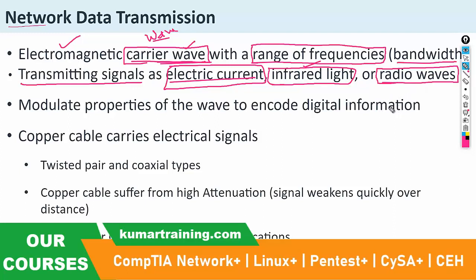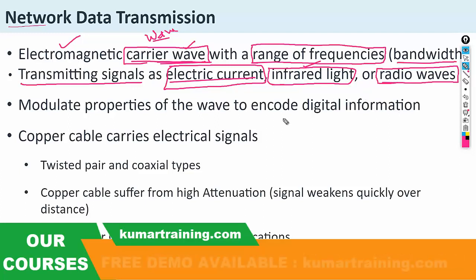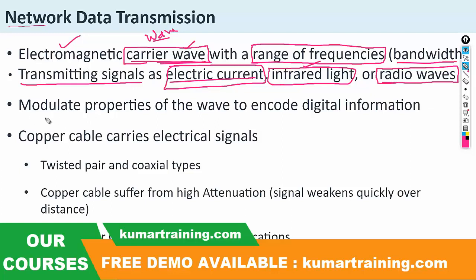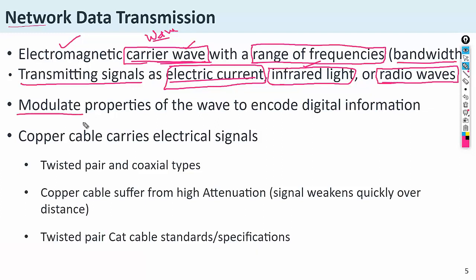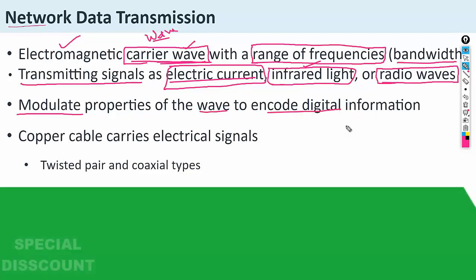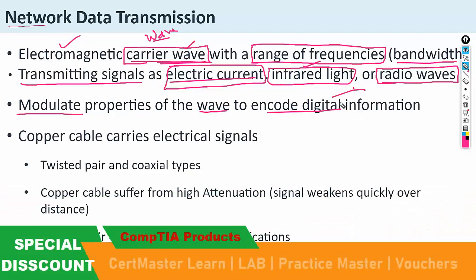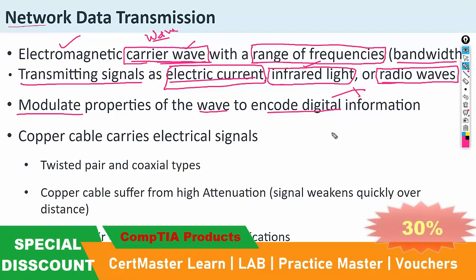Okay, now because this data is transferring in an electromagnetic form, it needs a modulation process, and in a modulation process the wave encodes digital information which is actually read by computers or other digital devices.